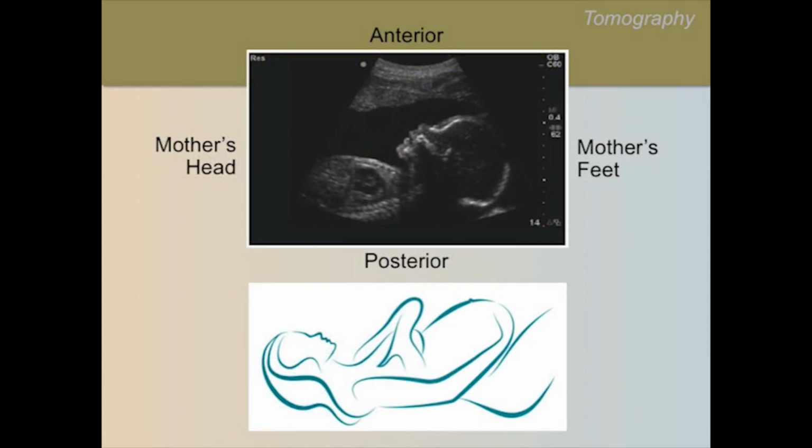This is an image of a fetus that is head down, which is a longitudinal lie, and more specifically, a cephalic presentation. Standard practice is to have the mother's head on the left side of the screen and her feet towards the right when you are scanning. Therefore, a fetus with a cephalic presentation has its head towards the mother's feet.